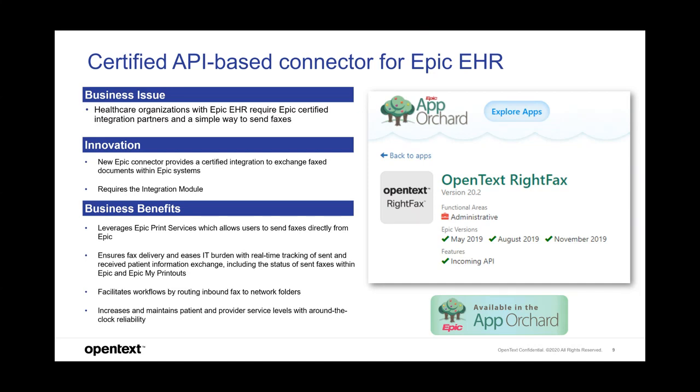So number one, the integration between RightFax and Epic is now certified by Epic, and we are actually utilizing Epic's fax and print APIs native to the Epic system to build that integration, right? So we actually built to their API.